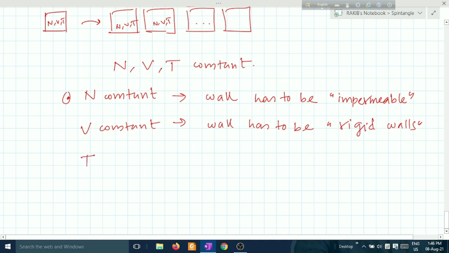Now it comes to the third point, where it changes: to make T constant, the wall has to be diathermic.